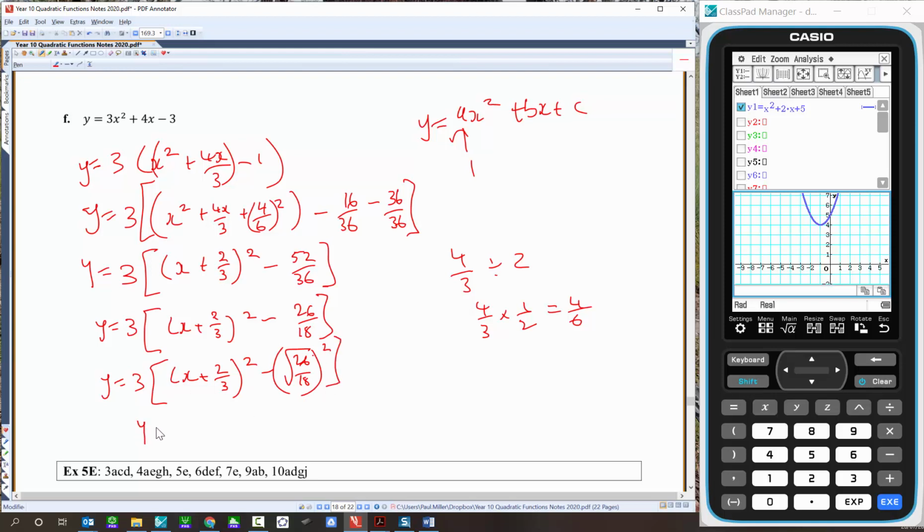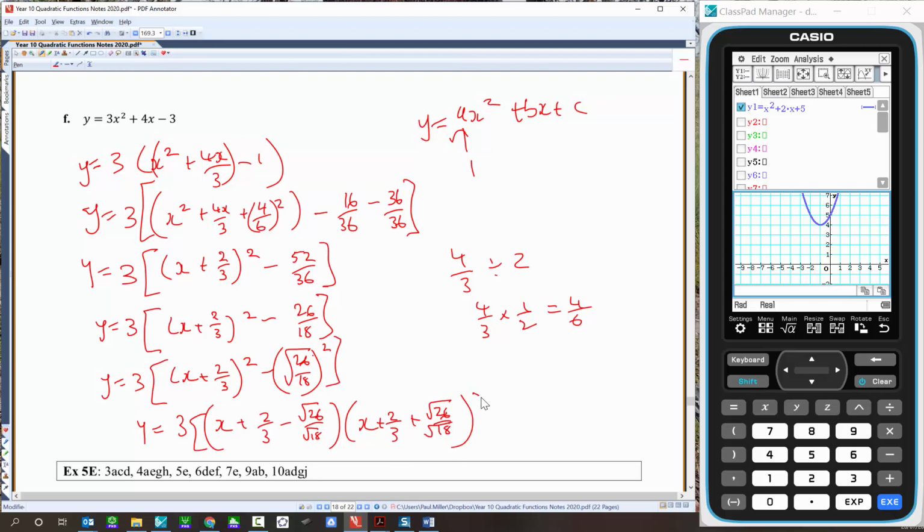Close that off. y equals 3, x plus 2 on 3 take root 26 on root 18, and x plus 2 on 3 plus root 26 on root 18.